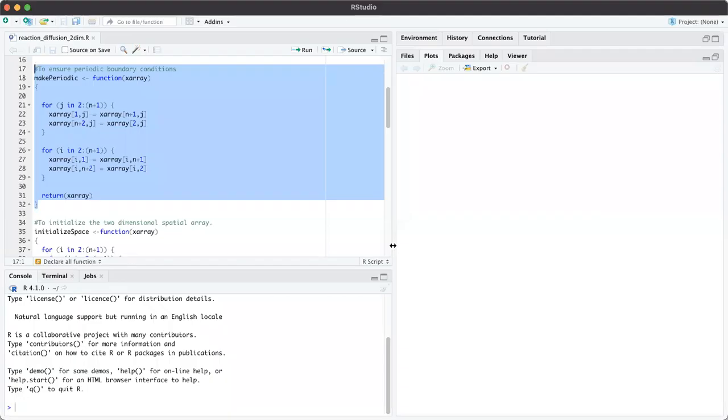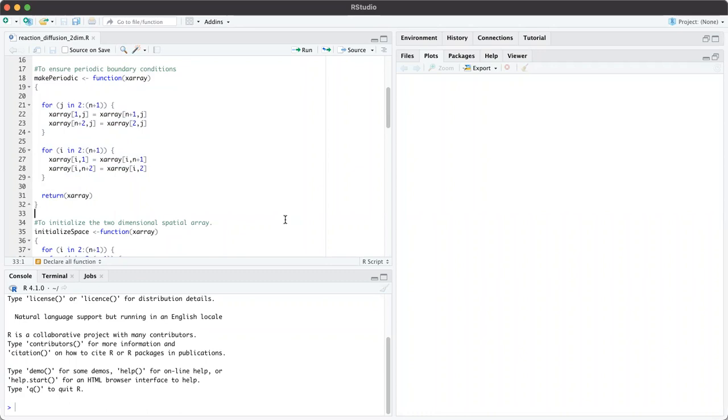And in lattices, there are 10 to the power of 23 kind of particles, and what you are simulating is often a really small number, a few thousands, maybe a few millions. This is an approximation that makes perfect sense there. It makes less and less sense when you come to small ecological landscapes. There we do use different boundary conditions, but for the sake of simplicity, we will continue to use periodic boundary conditions for the rest of our course to a large part.